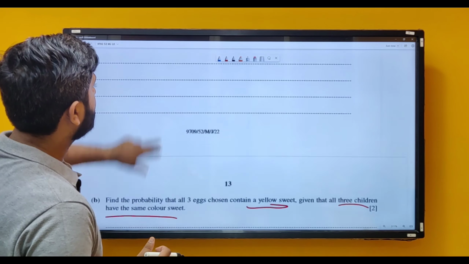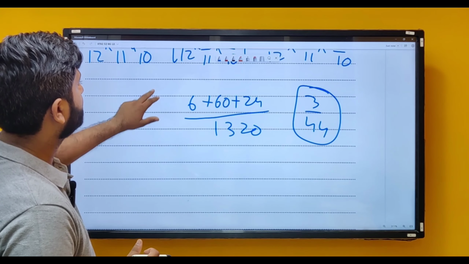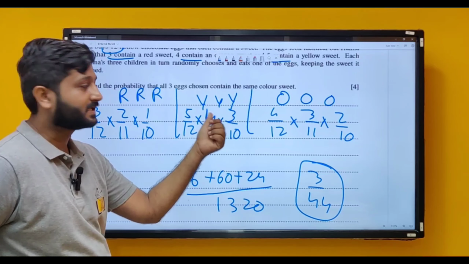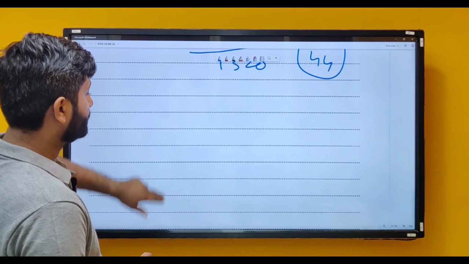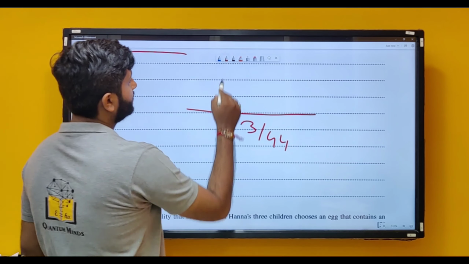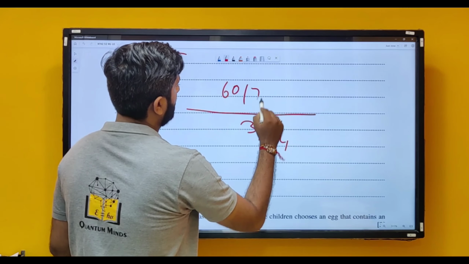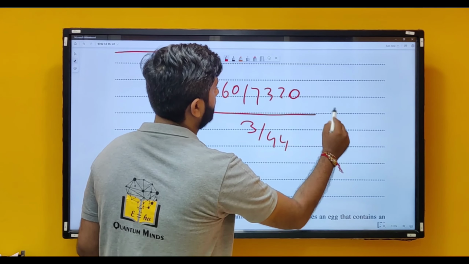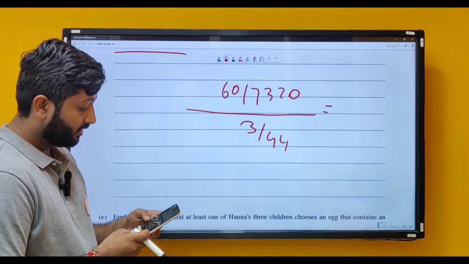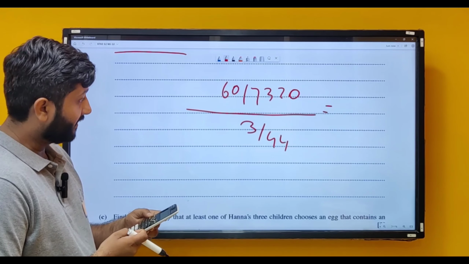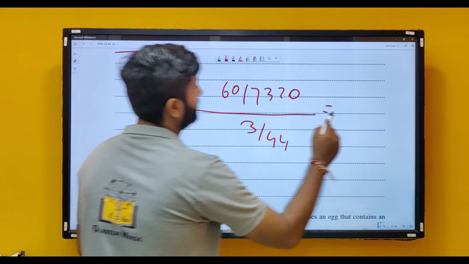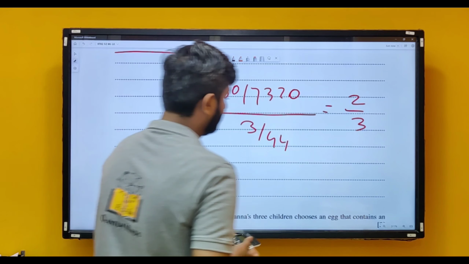I think all 3 as yellow is 5 4s are 20, 20 3s are 60, so the probability is 60 by 1320. So 60 by 1320 divided by 3 by 44. Let me do this in my calculator. 60 by 1320 divided by 3 by 44 is 2 by 3. Okay. So the answer is 2 by 3.